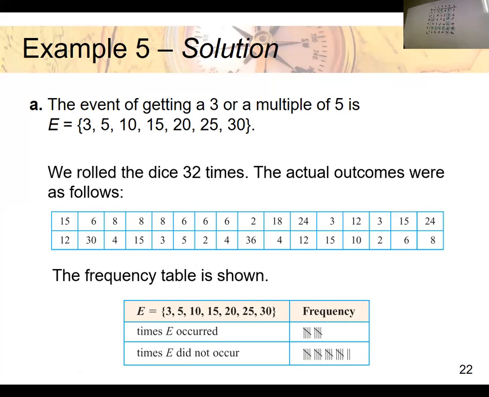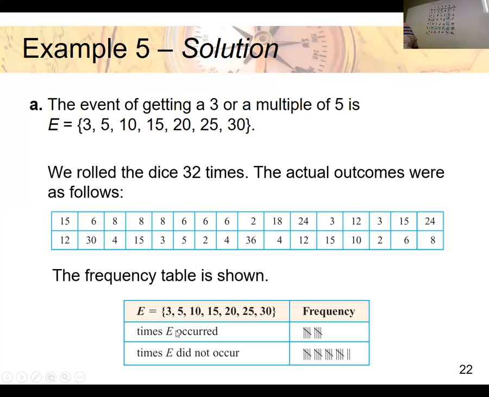Now, if we roll the dice 32 times, the actual outcomes were this. That's if you were actually doing this.